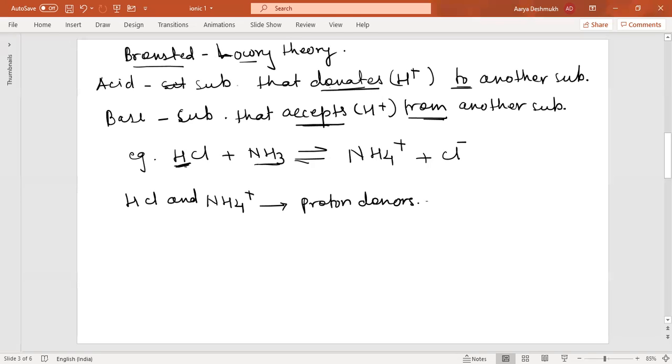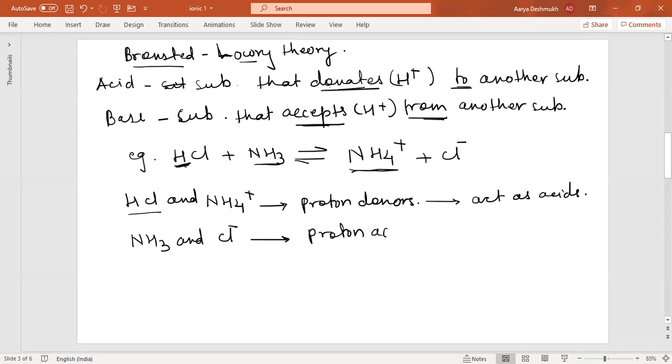So according to the definition, proton donors act as acids. Here in the ammonium radical, one extra proton is there, and in hydrochloric acid, the proton is already there. Whereas ammonia and Cl minus are proton acceptors.